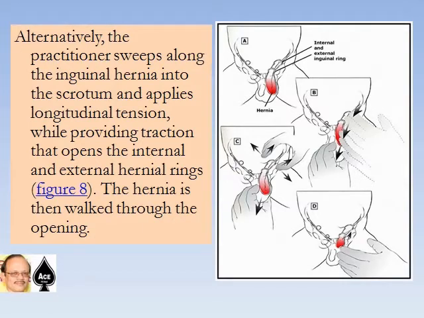In this, panel A shows the internal and external inguinal ring and hernia, and then figures B, C and D show how the hernia is reduced. The arrows show the various directions in which pressure is applied by the surgeon.